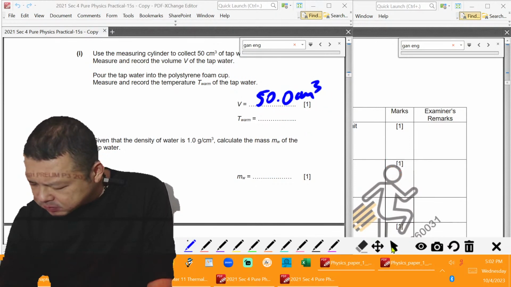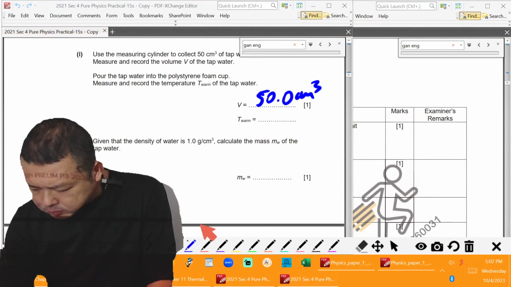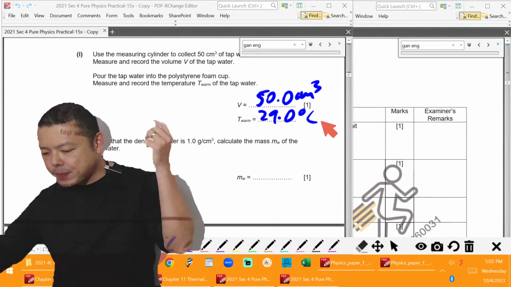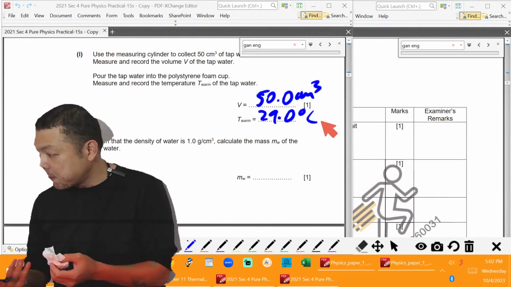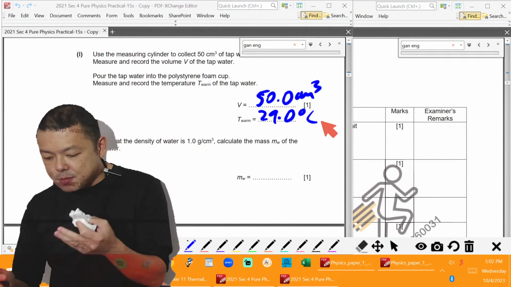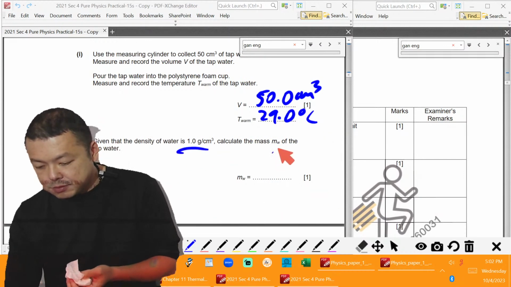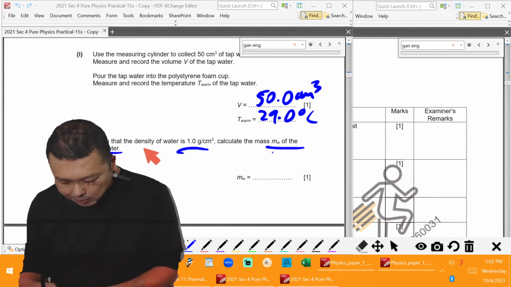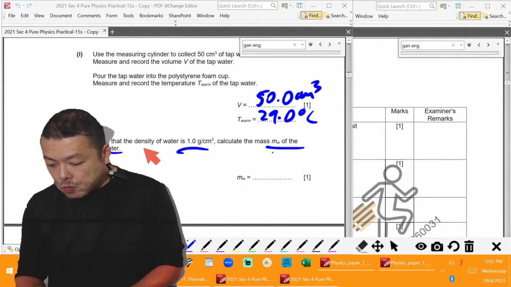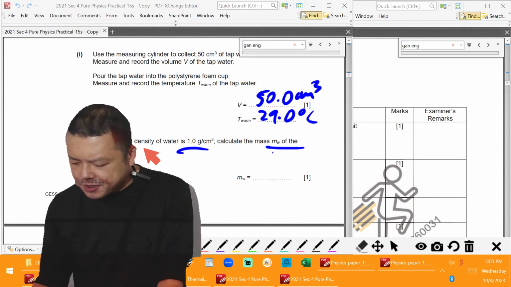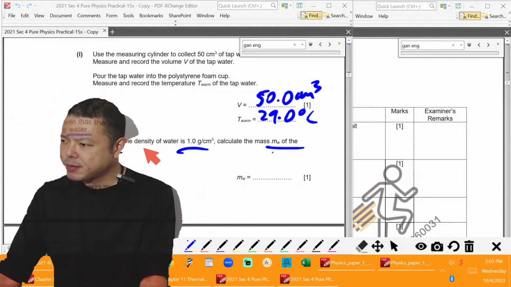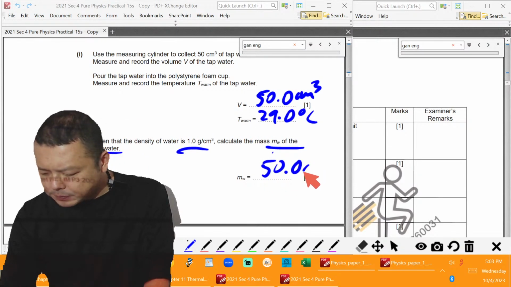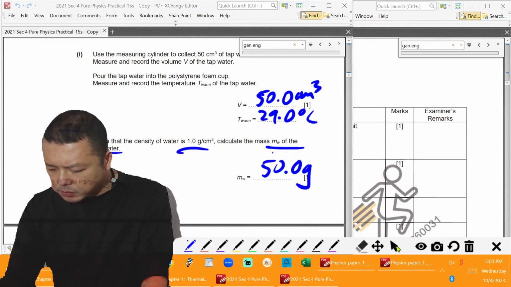Then temperature is what? 29.0 degrees Celsius. These are all numbers, right? What's the mass of the tap water? 50 grams, right? But should you write 50.0 grams or 50 grams? 50.0 grams.